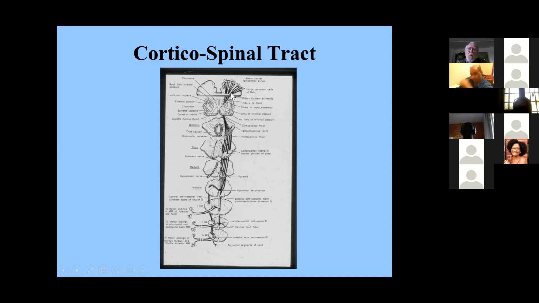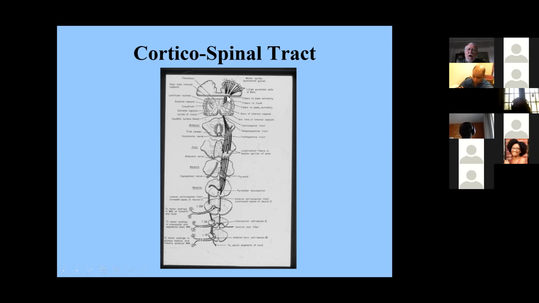So now all of these fibers will come and join together from the precentral gyrus and form the anterior limb of the internal capsule.